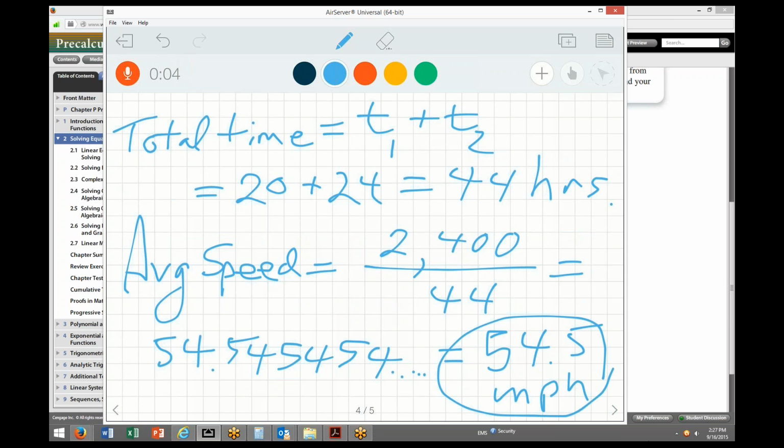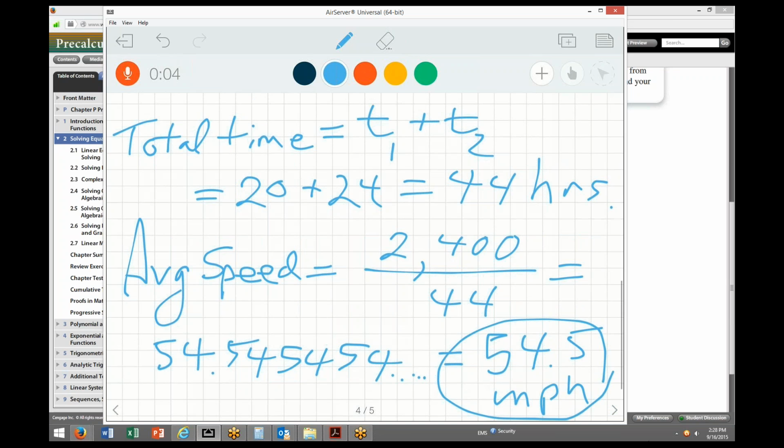Now, yes, that's close to 55, but the point is it is not 55. And sometimes when you do these problems, you're going to come up with something much more different than what your first thoughts were. So that's how you do such a problem as that. So how do we do that again?